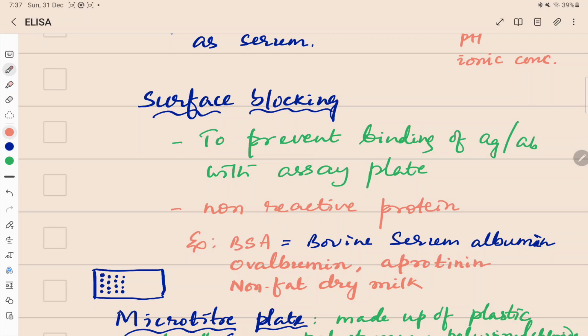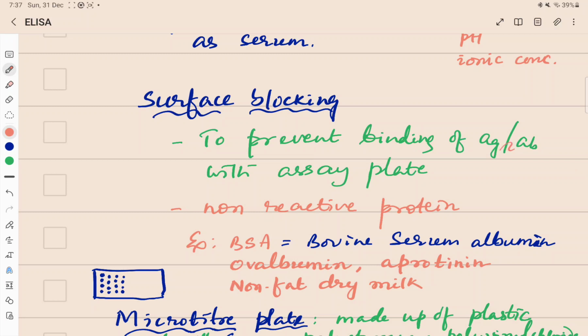How can we block the surface? By using a non-reactive protein which will bind to the open spaces in the surface of the microtiter plate, so that no antibody will bind to it. Or if we have added antibody, then no antigen will bind to it.